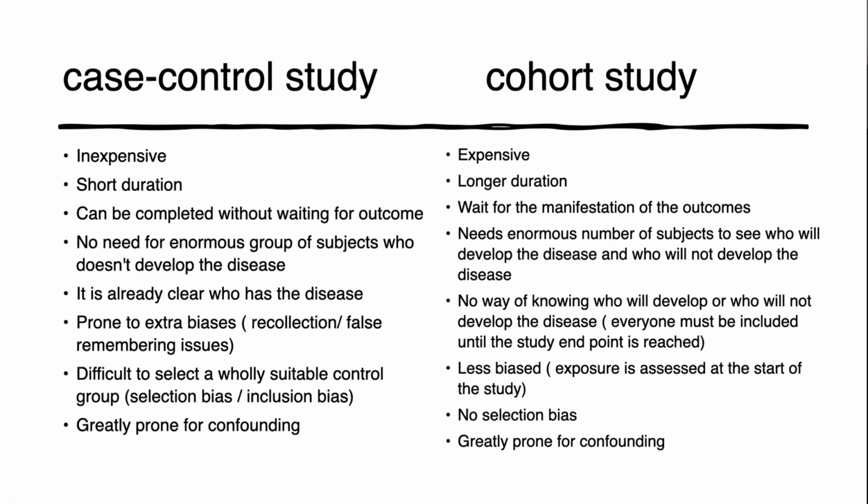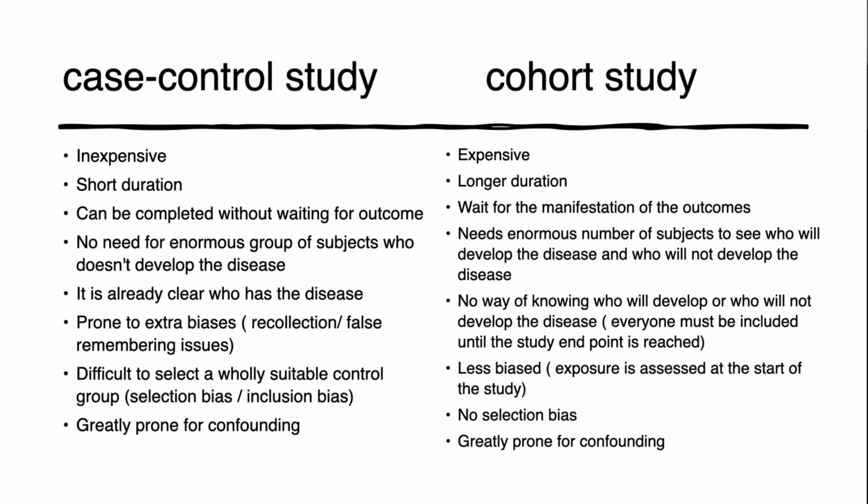So in case control studies, sometimes you may not see any outcome, but in cohort studies, you have to wait for the manifestation of the outcome. And as I said earlier, it involves a small number of subjects in case control studies. In cohort studies, it involves an enormous number of subjects.